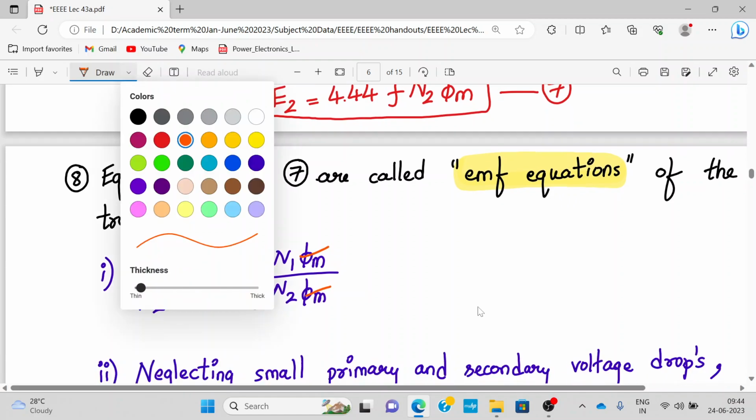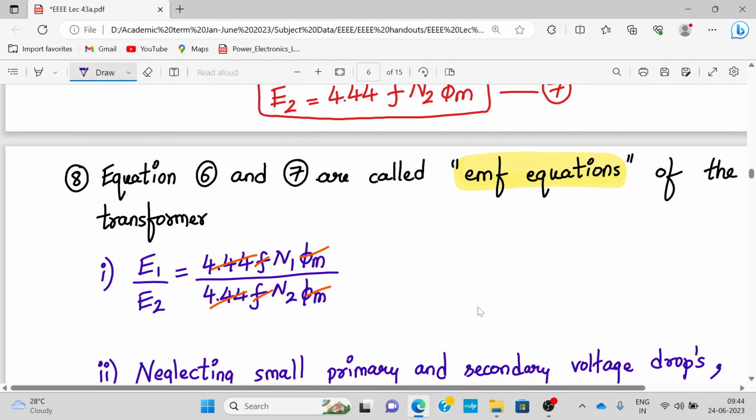So what is remaining? E1 upon E2 is given by N1 upon N2.